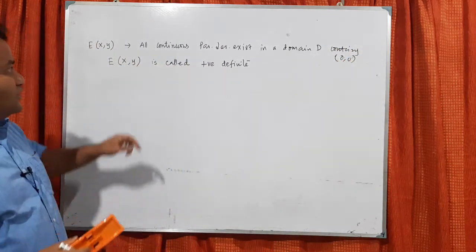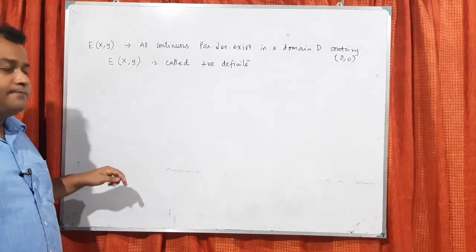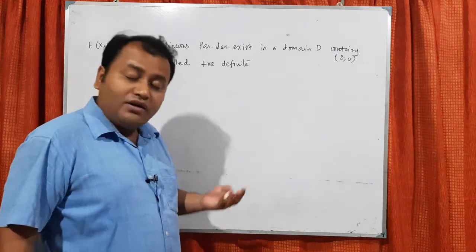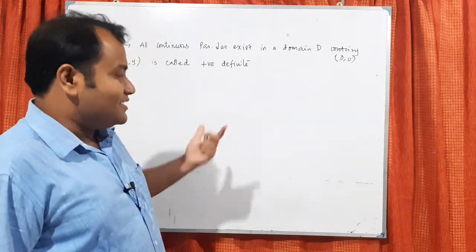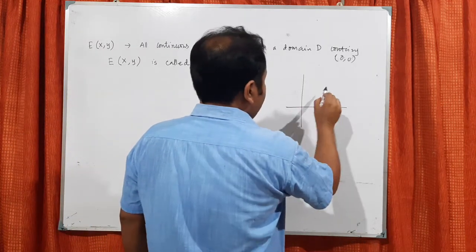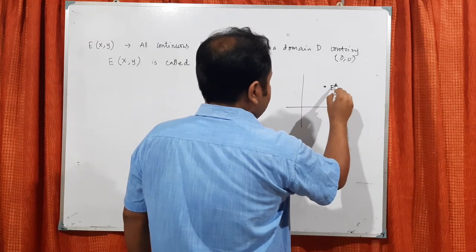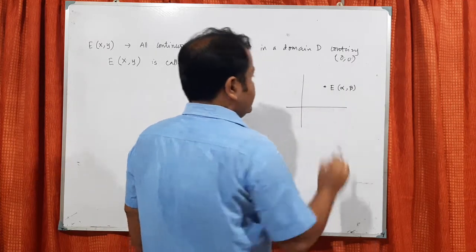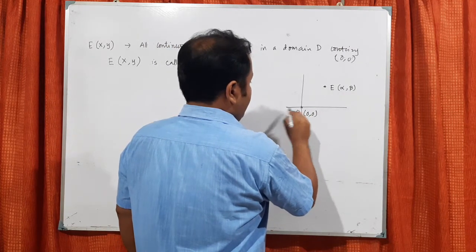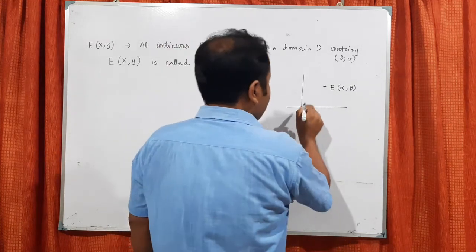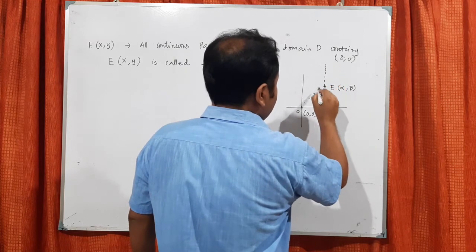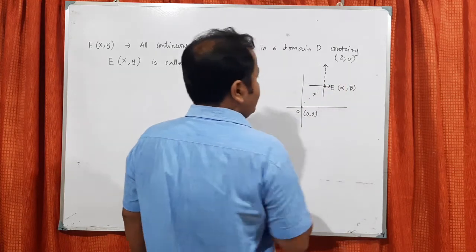So we try to establish the theoretical aspect around the point (0,0). Now you can ask, sir, why have you taken only (0,0)? The answer is very simple. Suppose your equilibrium point is this, alpha, beta. You can always shift the axes.